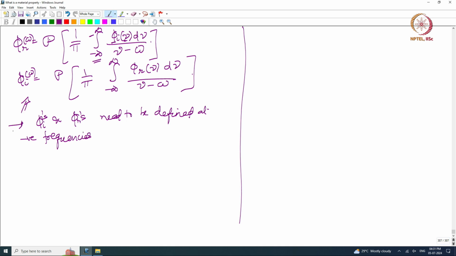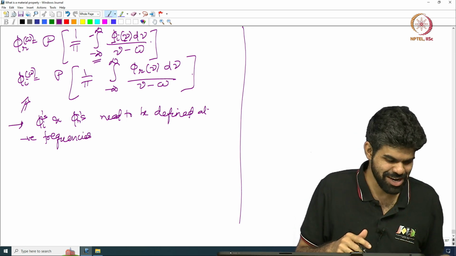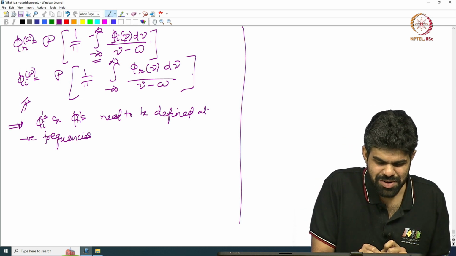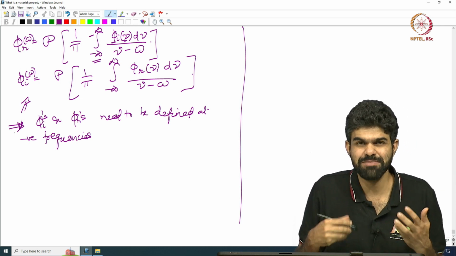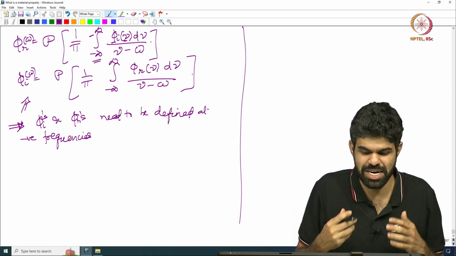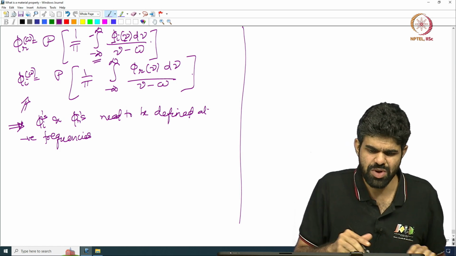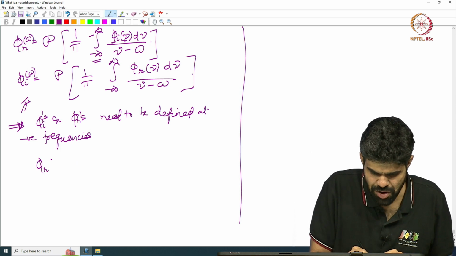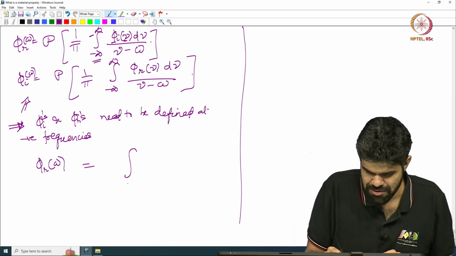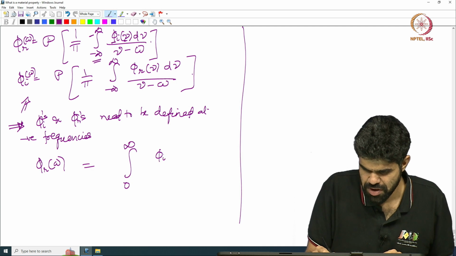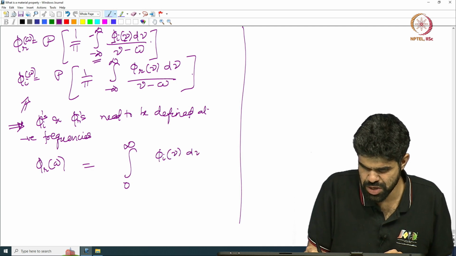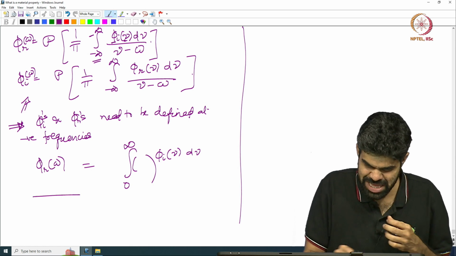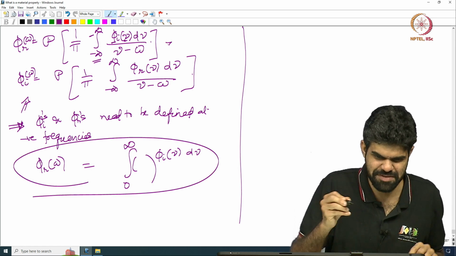Actually, if it is rotating clockwise, it is positive frequency, rotating anti-clockwise, it is negative frequency. There are such interpretations that exist, but there is a bit of discomfort in trying to understand what this negative frequency is. So let us make everything positive. I want phi r of omega to be an integral from 0 to infinity of phi I of nu d nu and so on. So I want to make it in this fashion, not minus infinity to infinity.